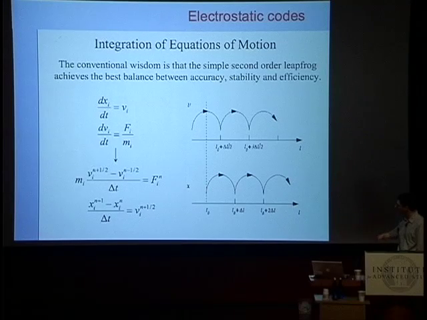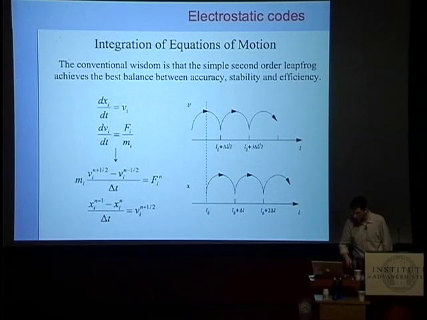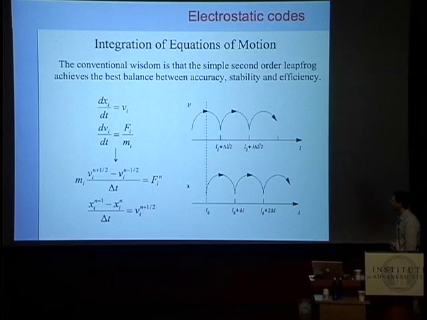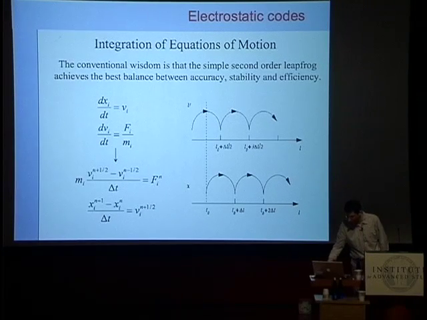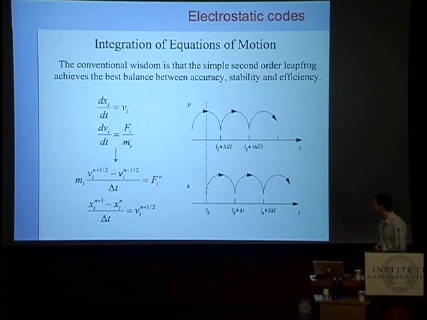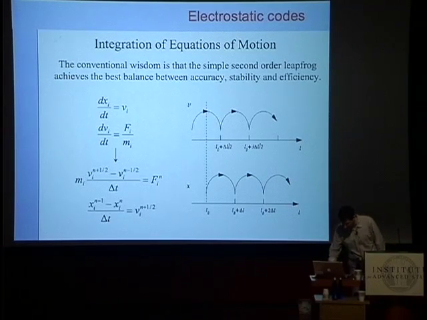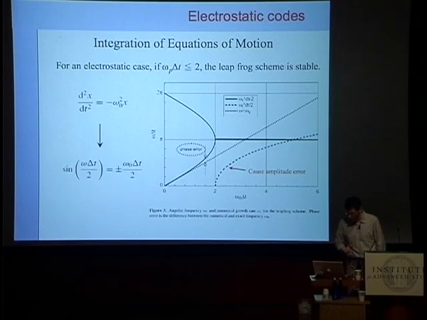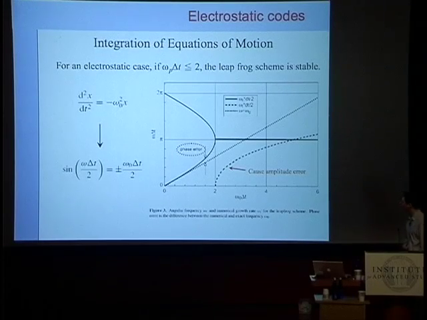And as you heard, this is the simplest symplectic integrator, and it has very good properties in terms of time reversibility. It also turns out to have very good energy conservation properties, even though it's not necessarily obvious why it should.